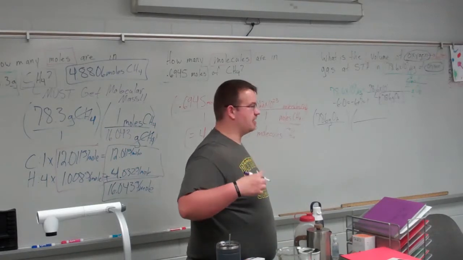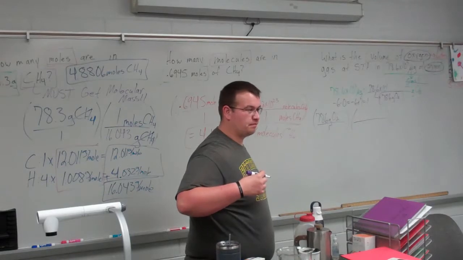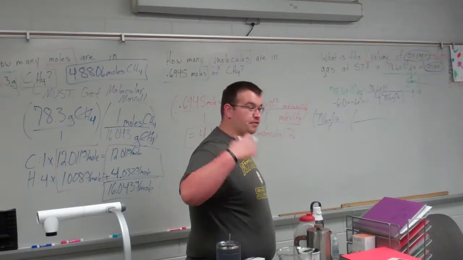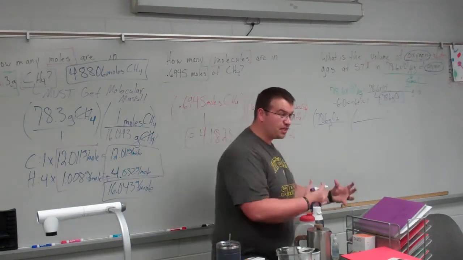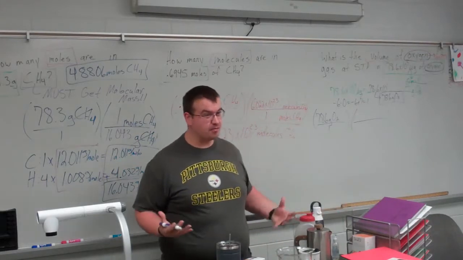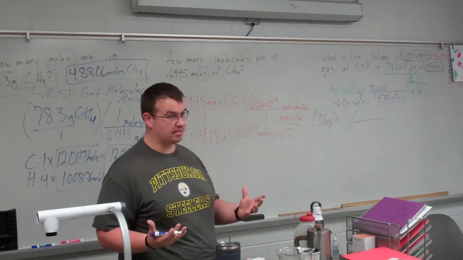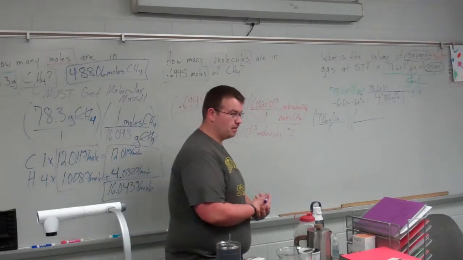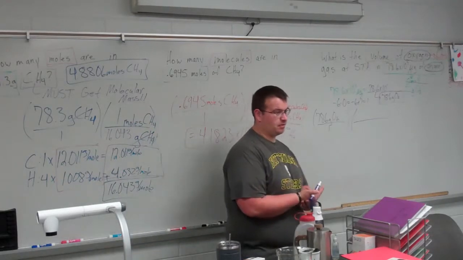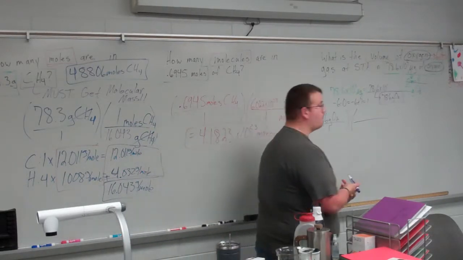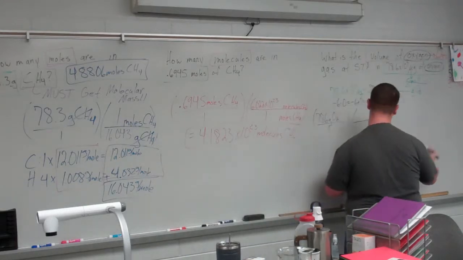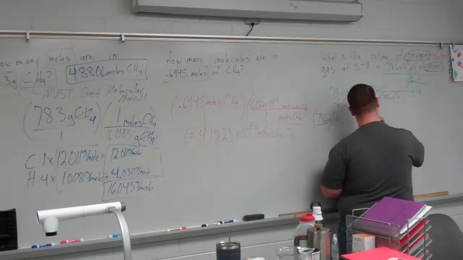What did I tell you about these? What's the key to these? You're either looking for it or starting with it. We call them mole conversions for a reason. What do we go to first? You would go to moles. So the moles have to go on top.